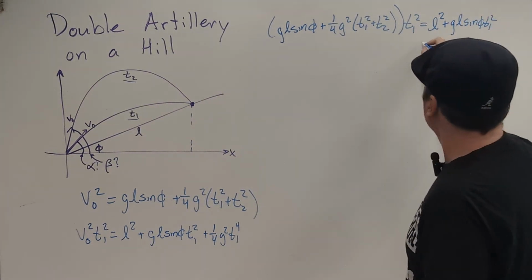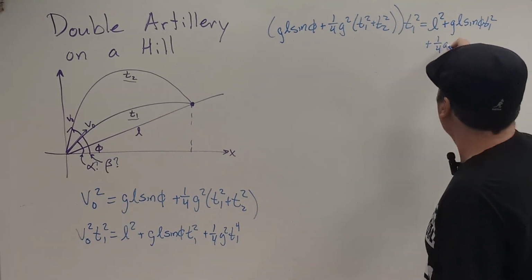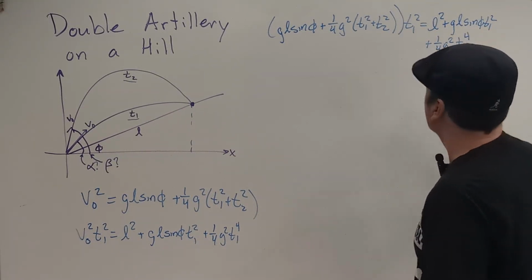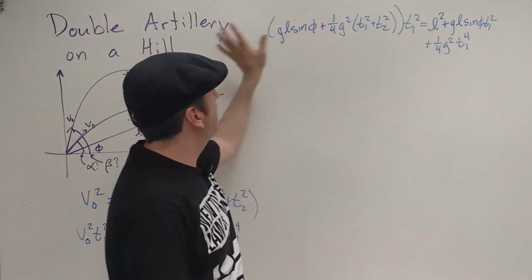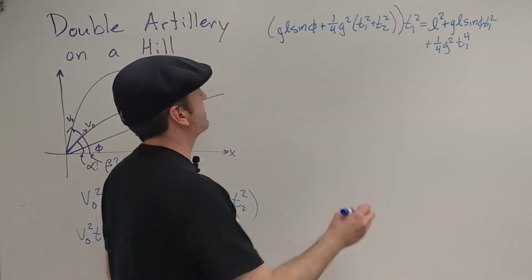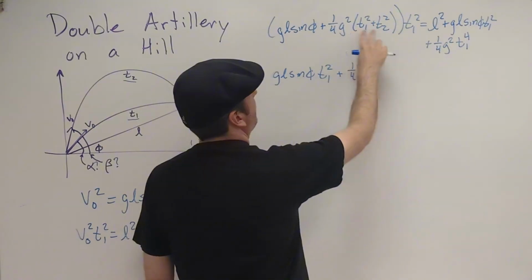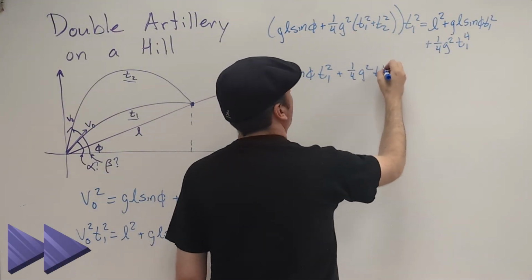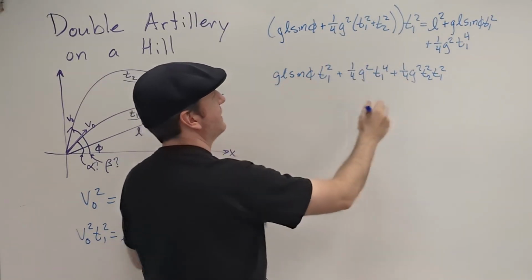And since I'm running out of room here, I'll go ahead and just put the next line down here. Okay, now we'll expand this out. The t1 squared I'll distribute to everything, and we'll get some nice cancellations. I will also expand this out. Okay, that's the left-hand side.